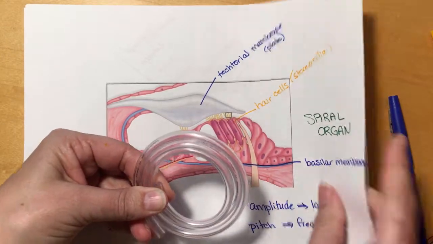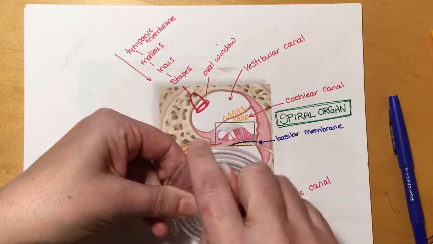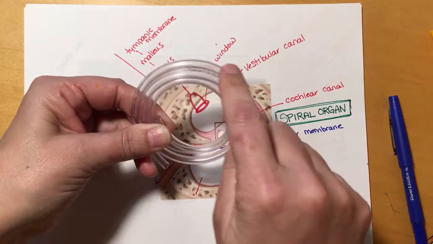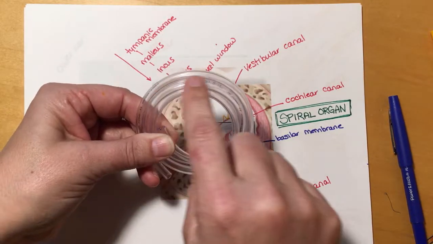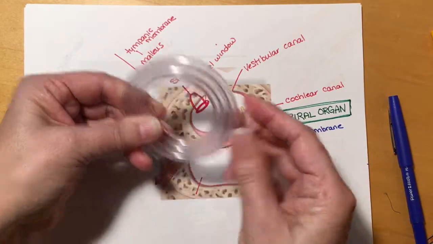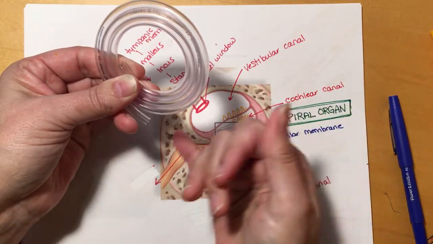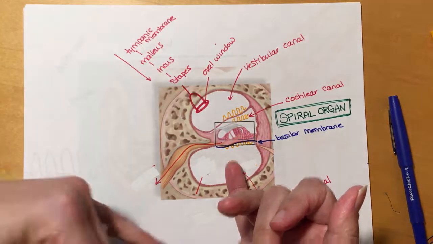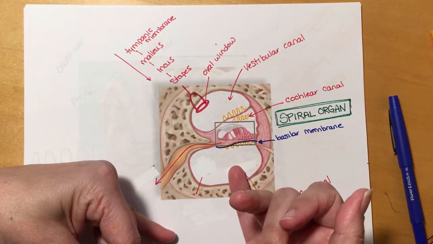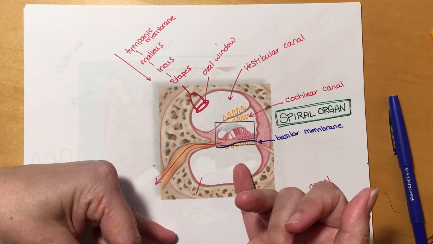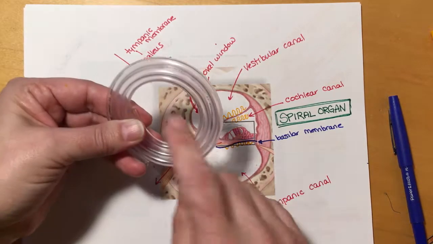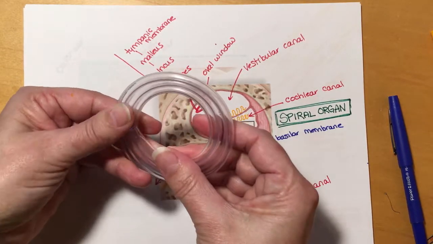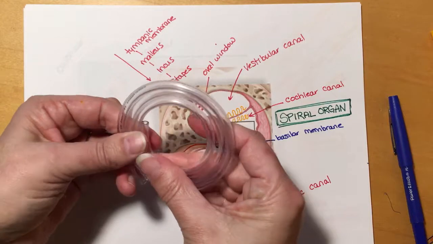The waves are going to start at the very beginning of the curve. And they're going to travel down through here to a certain point, and at that point they're going to lose enough energy to move through the spiral organ. We will be able to sense that as a certain pitch. The lower the pitch, the further the waves travel towards the end of the tube before they cross over.